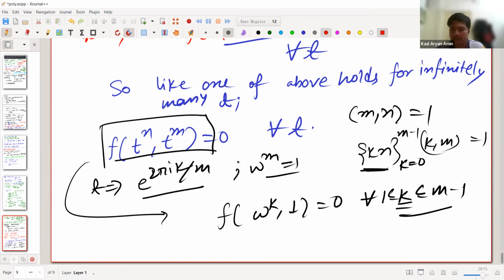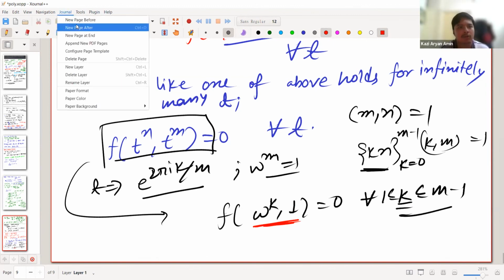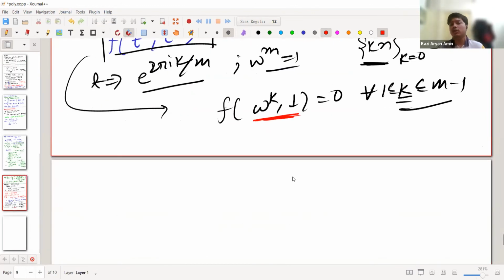Does this make sense, why we can say this relationship holds for all k? This is because kn is eventually going to take all residues mod m, right?